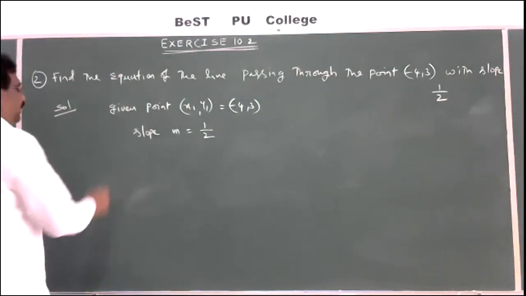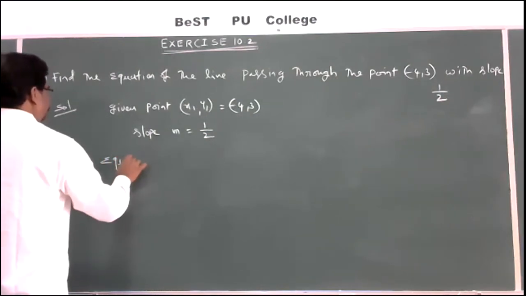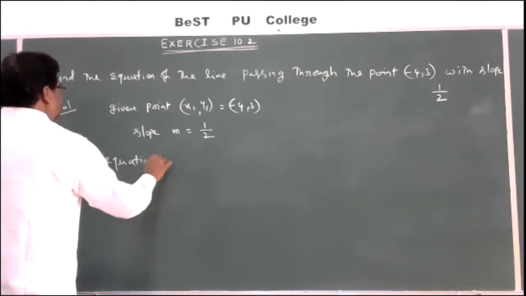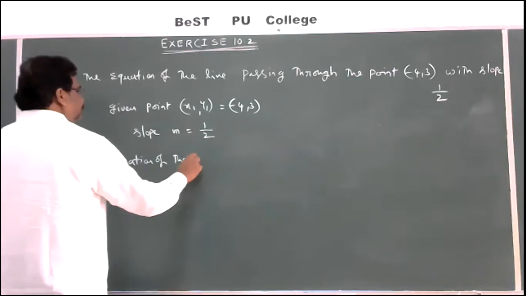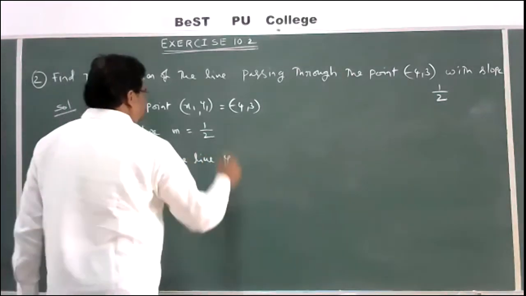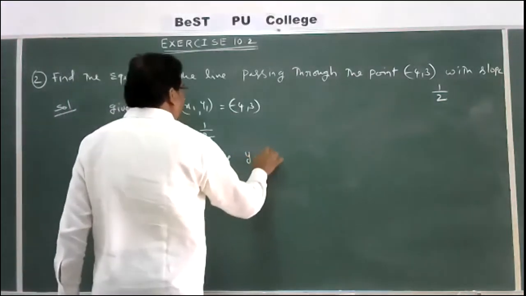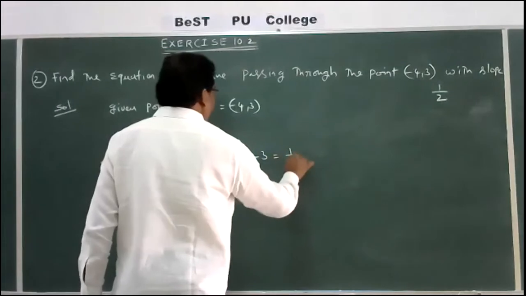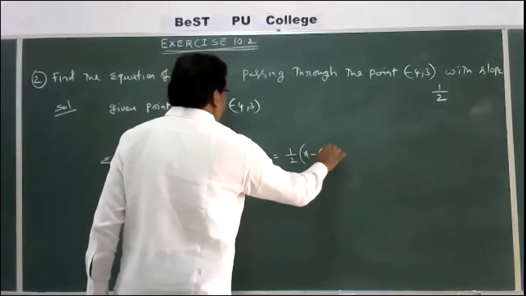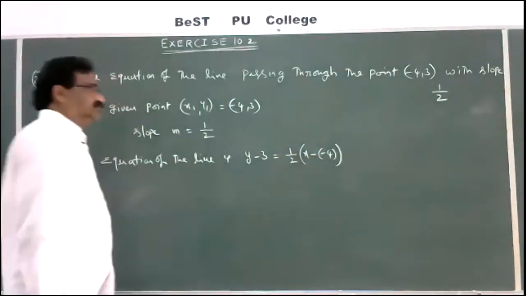Required equation of the line is y minus 3 is equal to 1 by 2 into x minus of minus 4.